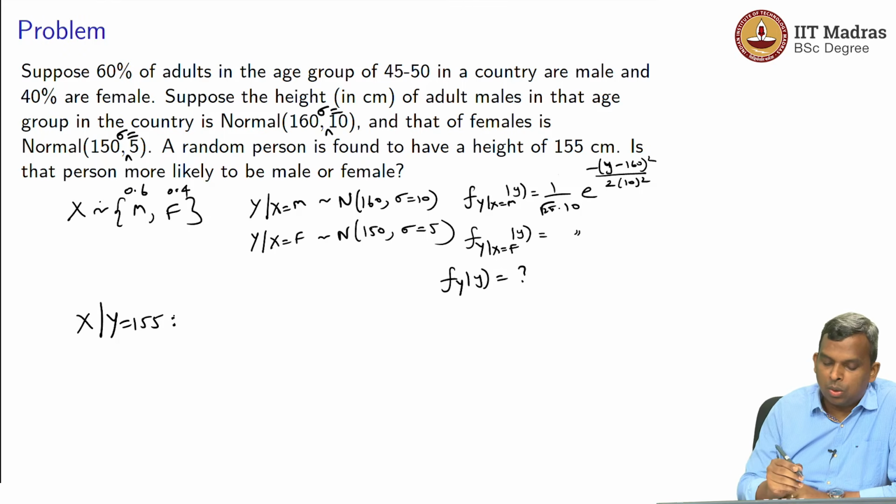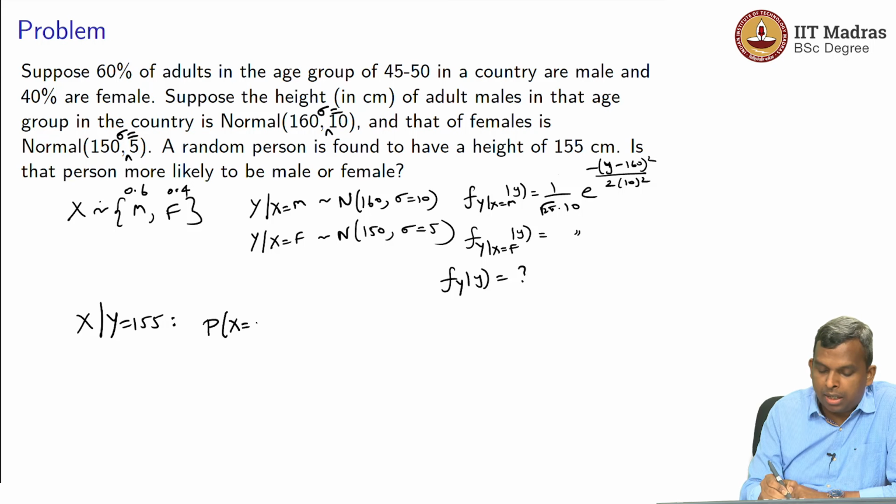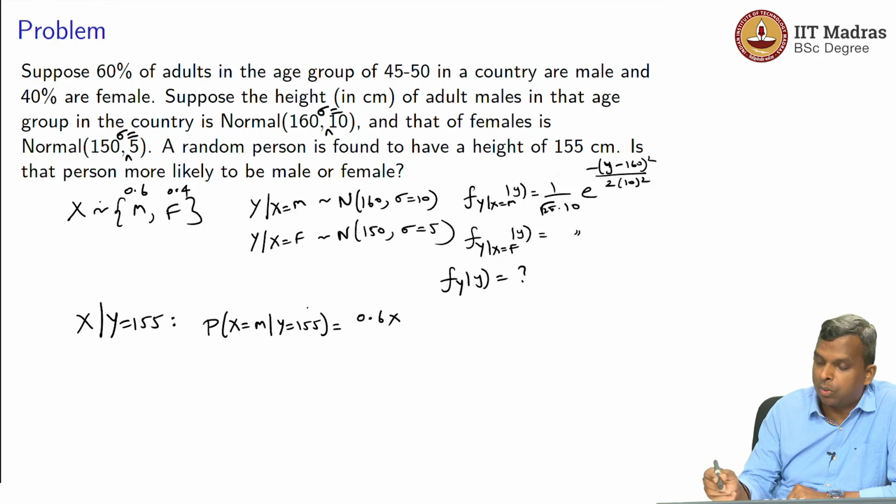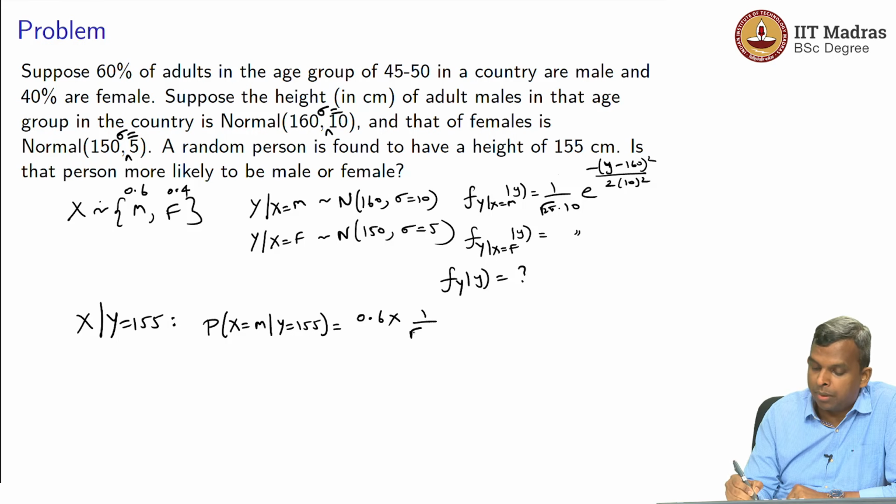Here what one can do is try and find the probability that X equals M given Y equals 155. Let's try and evaluate that. That's going to be 0.6 times the conditional density evaluated at 155 given X equals M. So that's 1 by root 2 pi 10 e power minus 5 squared by 2 into 10 squared, since 155 minus 160 is minus 5.